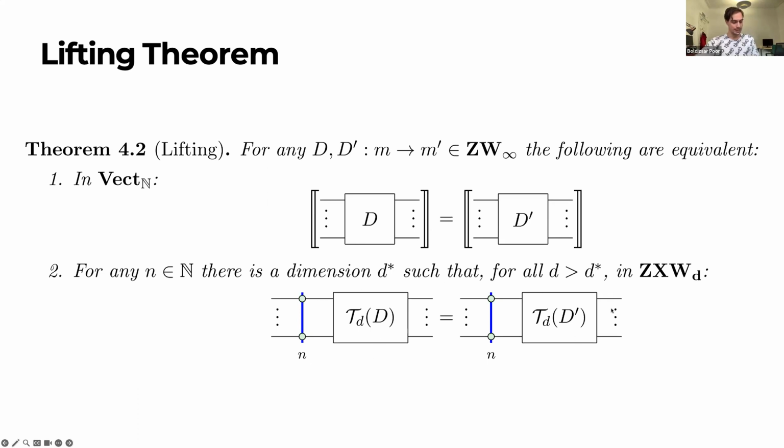And for all d large enough, this is going to hold in this n particle subspace. So again, if you have two diagrams and their interpretation is the same in this Fock space, then this is equivalent to saying that for any number of photons, at most that many photons coming in, their truncation is also going to be equal for any d which is bigger than a given d star.